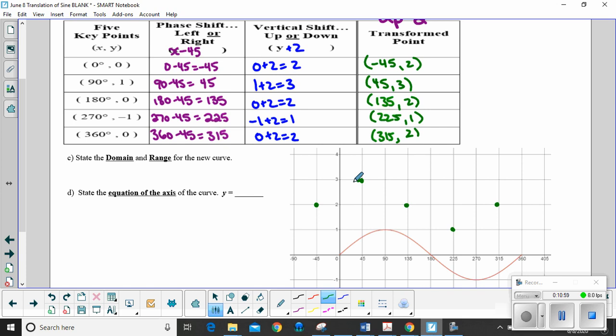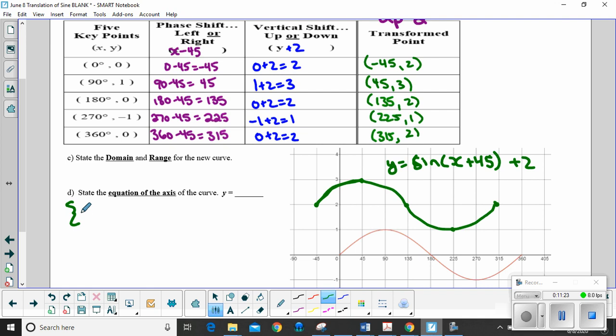Make it curvy. So there is y equals sine bracket x plus 45 plus 2, right? Because it came to the left.